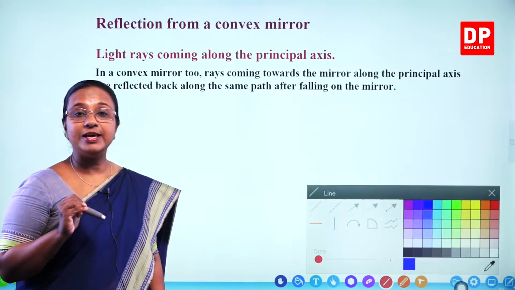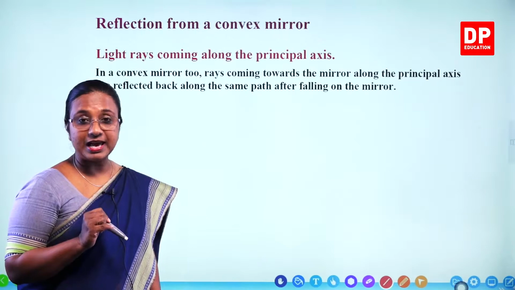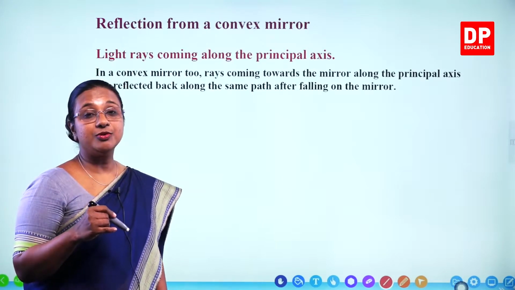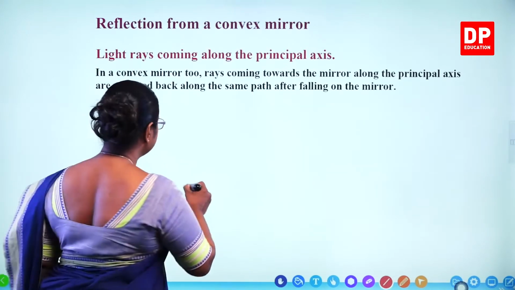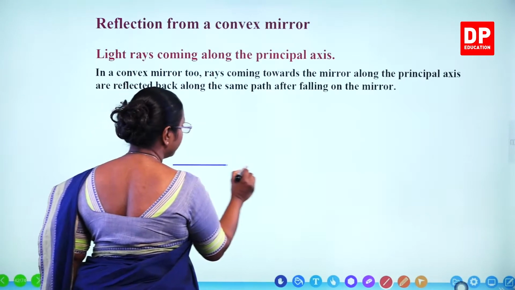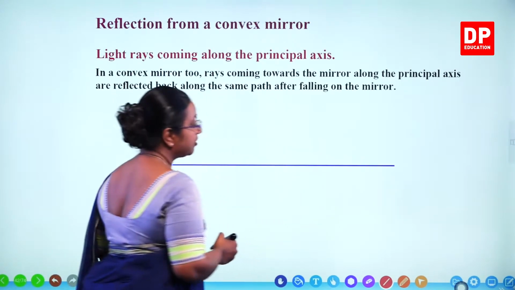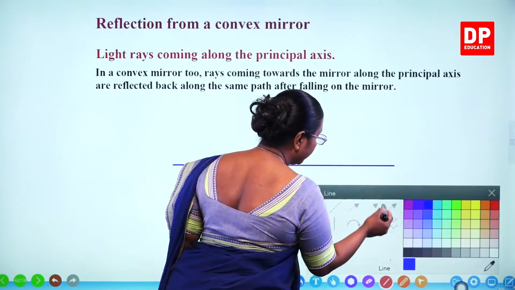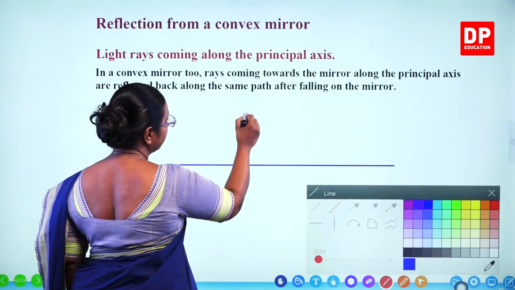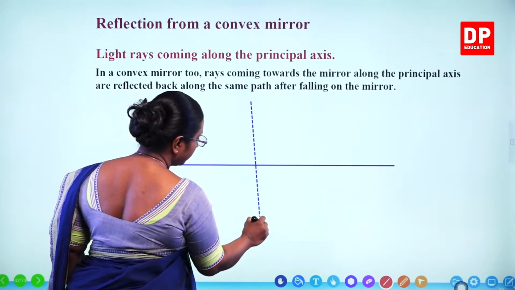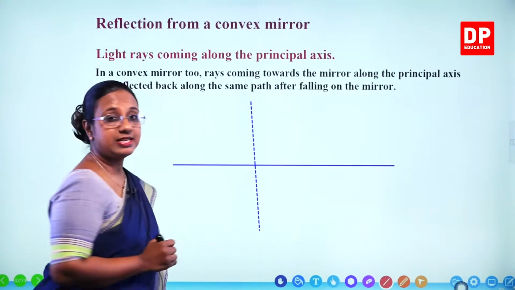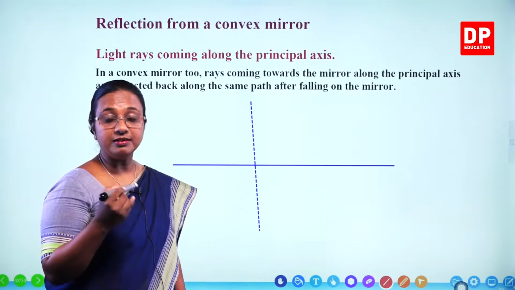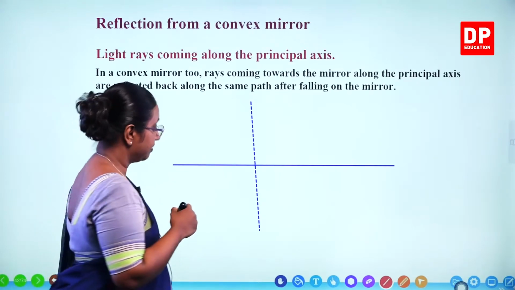We have to always start with the principal axis, and you already know you have to use a very sharp pencil and also a ruler so that you can draw straight lines. Then what did we do? We used a broken line to denote the mirror so that it's easy for us to draw the rays reflecting on the mirror.